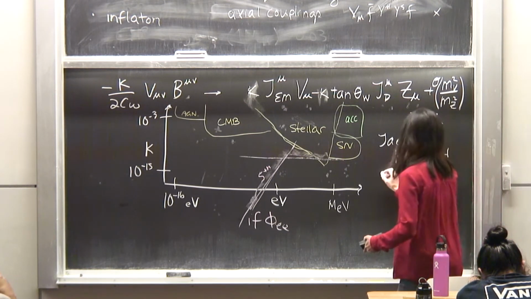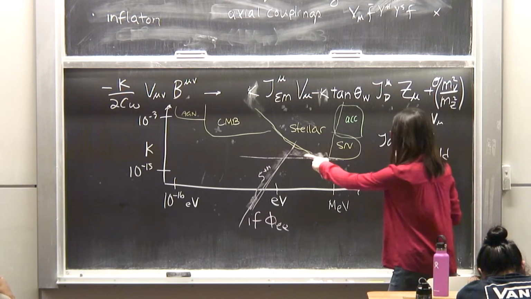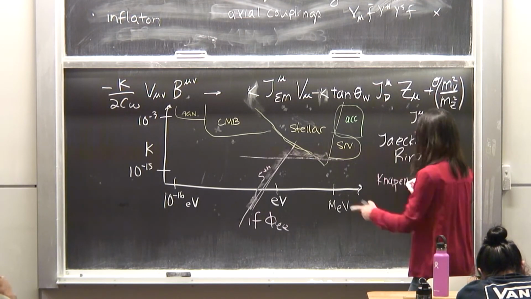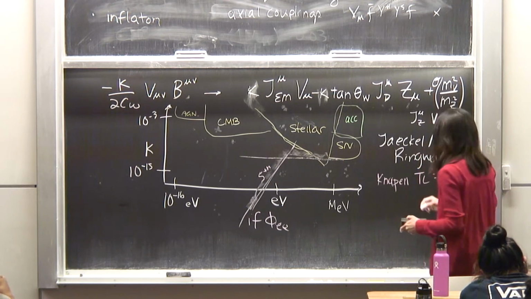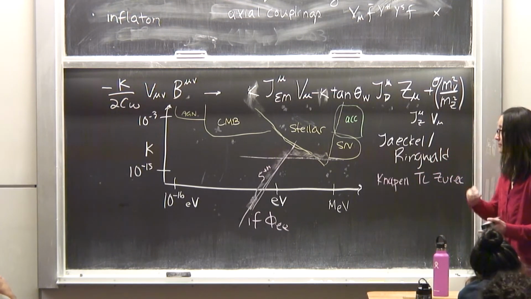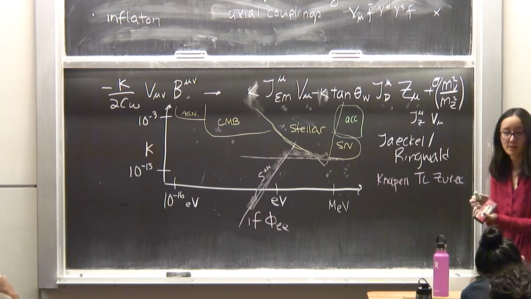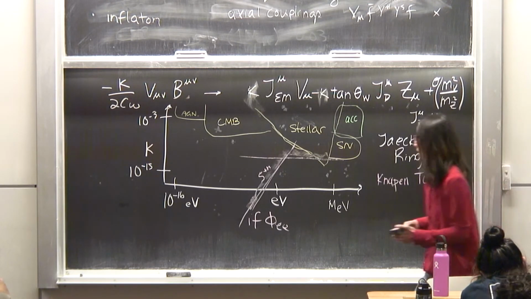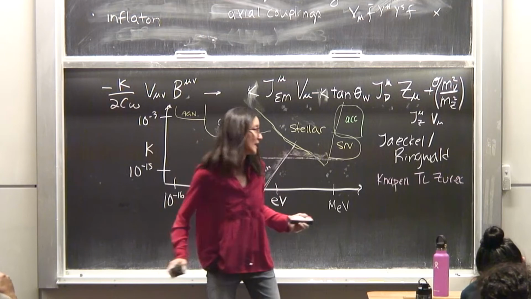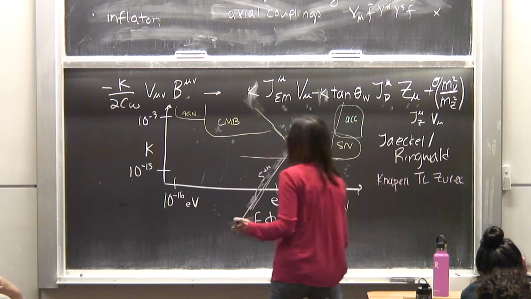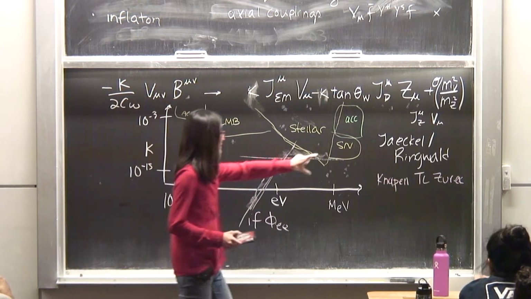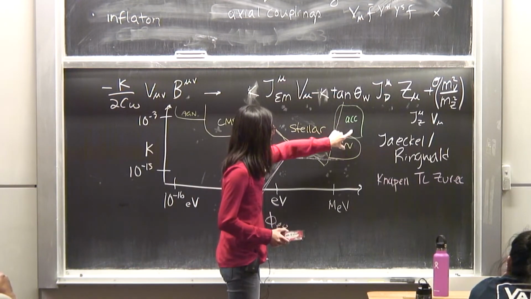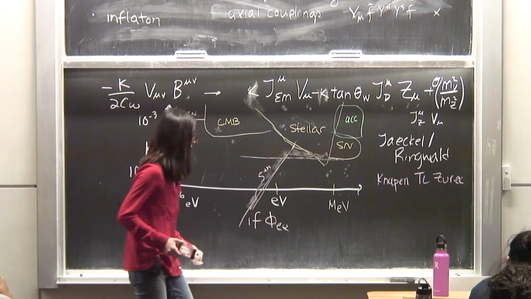And I have a paper with some plots showing how exactly this works for the scalar case. So in terms of model building, generally you're in this high mass region for any mediator that's not a dark photon.